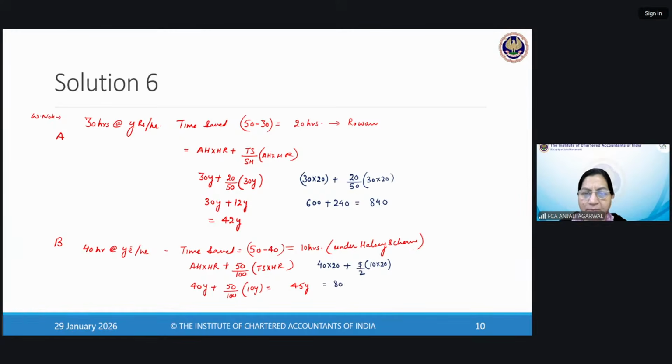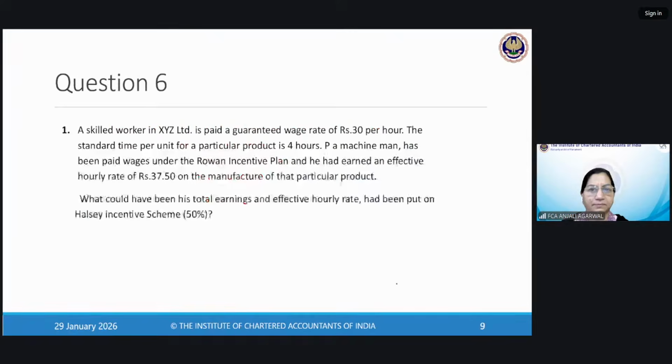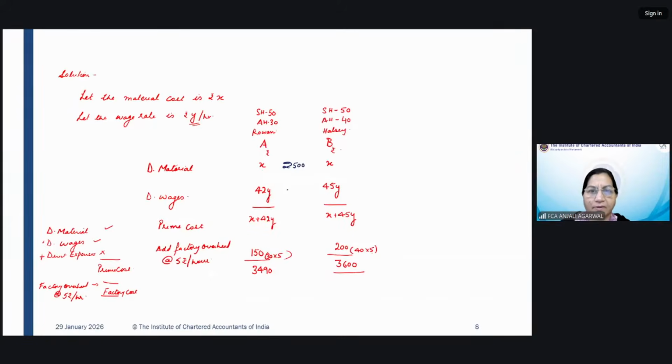So 800 plus 100, worker B will get the wages as 900. 840 and here we have 900. So this becomes 3340 and this becomes 3400.